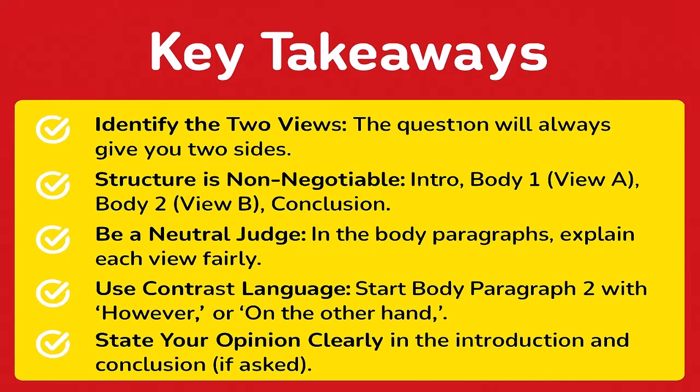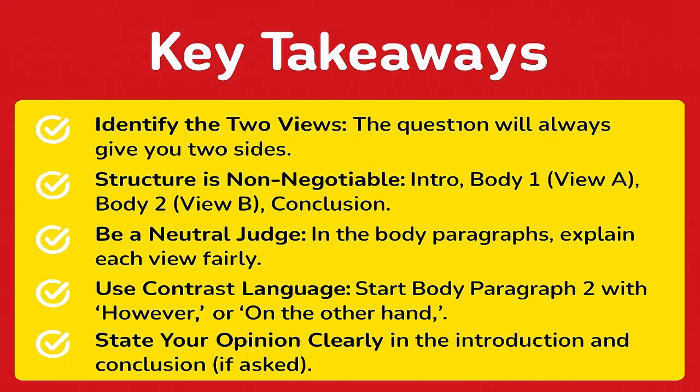Be a neutral judge. This is crucial. In your body paragraphs, your job is to explain each view fairly and neutrally. Use reporting language, not argumentative language. 4. Use contrast language. Make sure you use words like however or on the other hand to clearly signal when you are switching from discussing view A to view B. This is vital for cohesion.